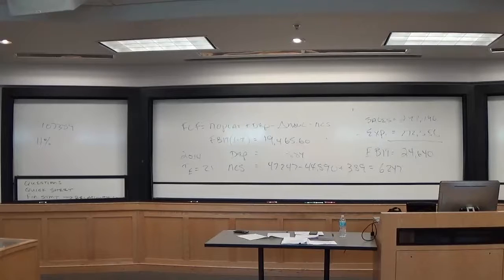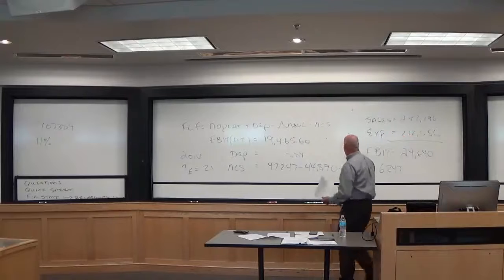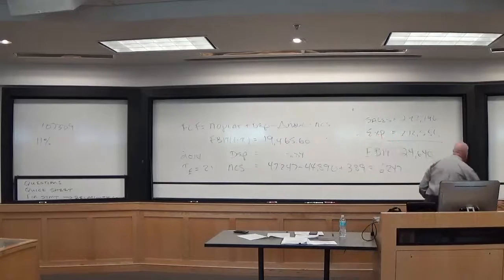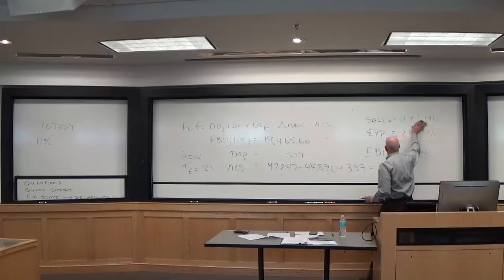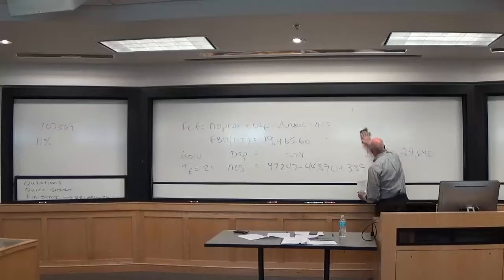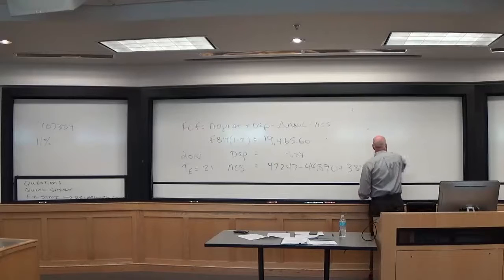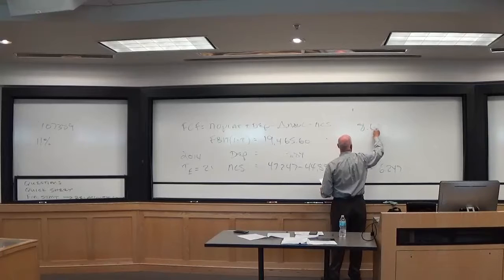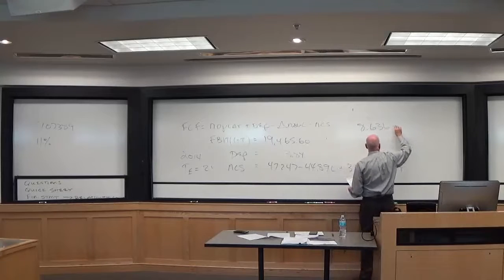So net working capital from time 1 minus net working capital from time 0 gave us 8.472. With that, what is our free cash flow? 8.636 or 8.637. Okay, that's what I got.